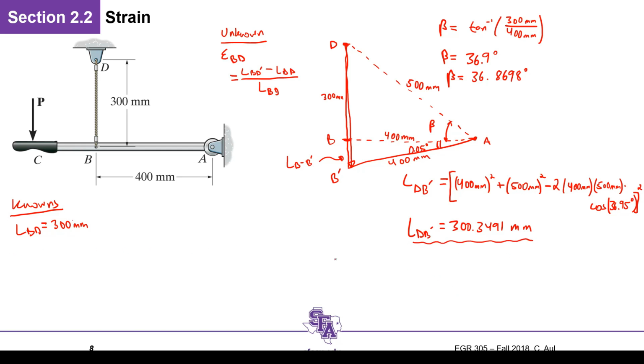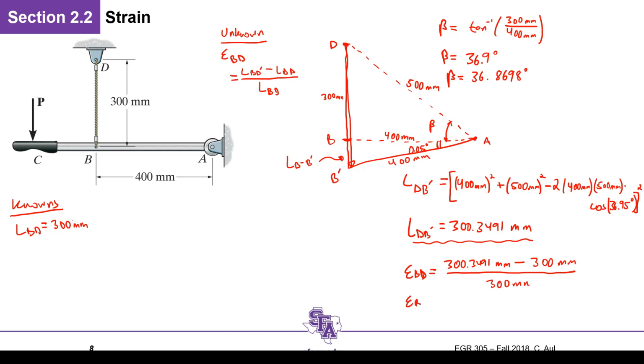We can then plug that into our epsilon calculation. Epsilon BD is then equal to 300.3491 millimeters minus 300 millimeters over 300 millimeters.